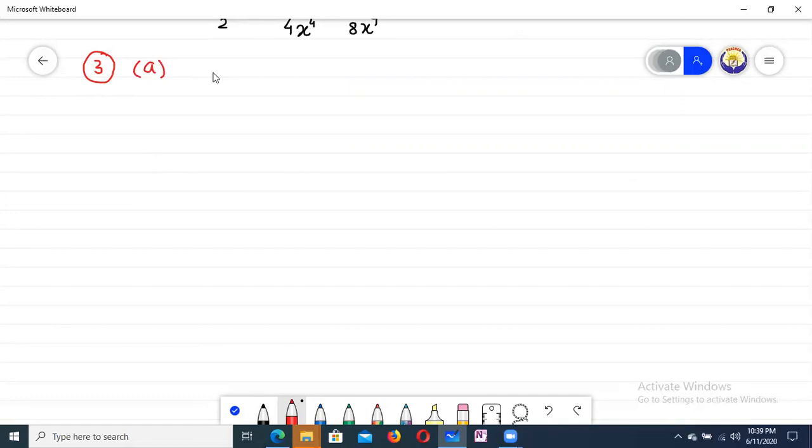Find the coefficient of x cube in the expansion of... coefficient of x cube. Here we need the coefficient of x cube. This is the required thing in this part.